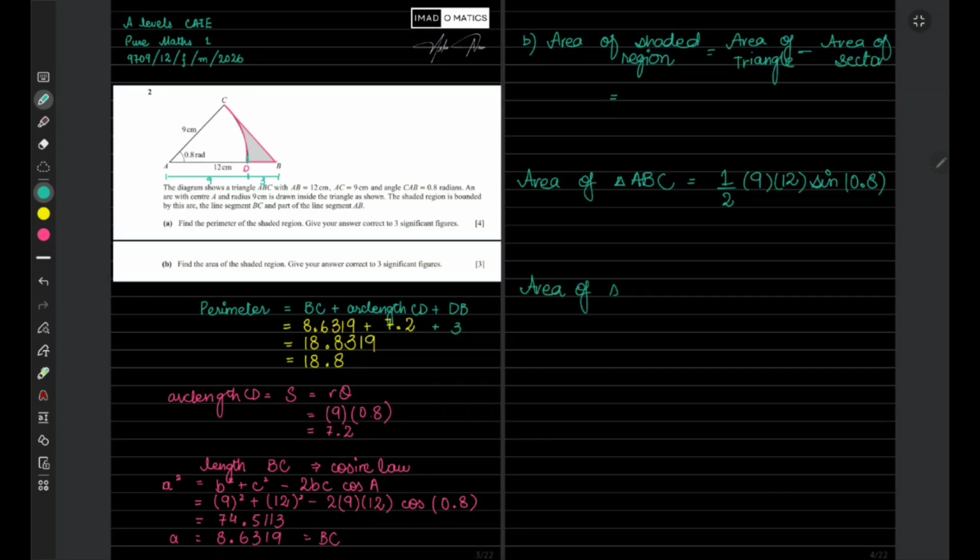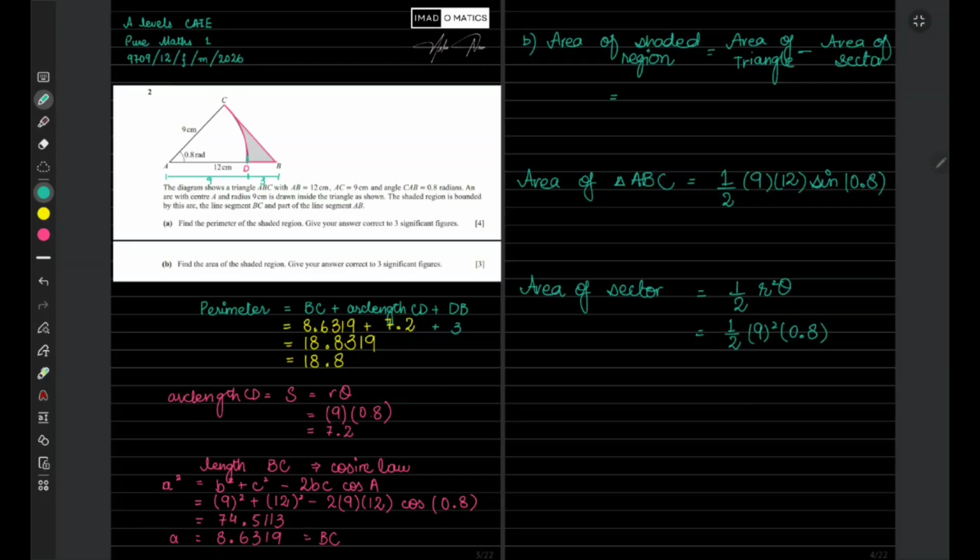And the area of the sector would be half r squared theta, and theta is 0.8.